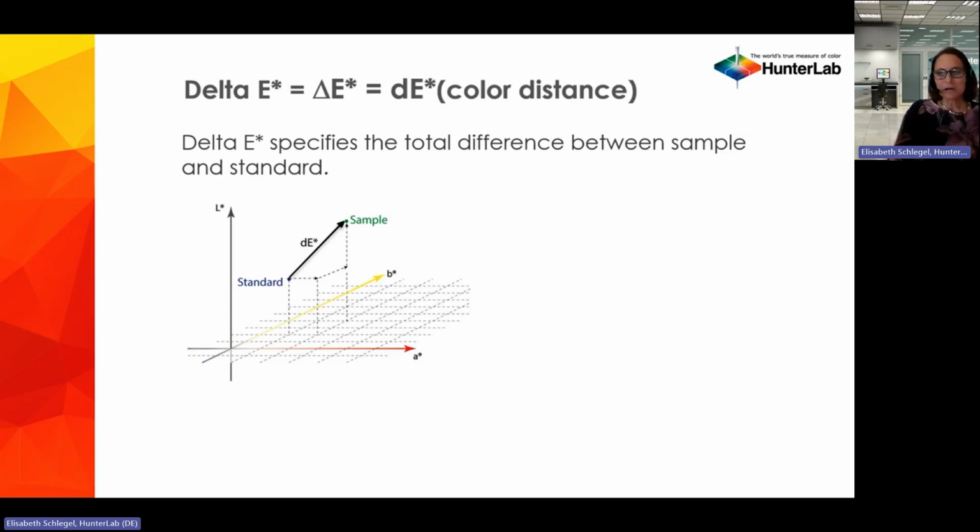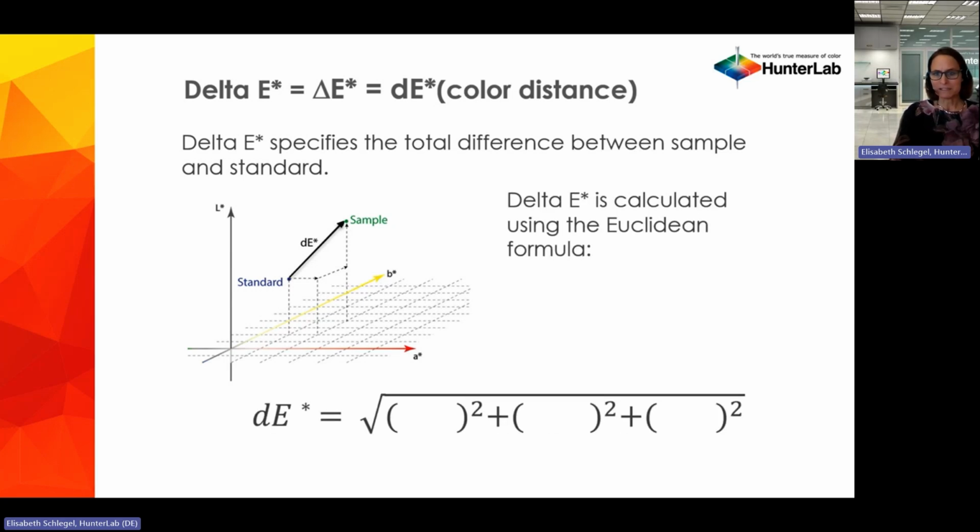I don't know how much you remember your mathematics courses in school, but this can be calculated by the so-called Euclidean formula. Perhaps you remember it. So what I'm doing is I'm taking the square of the DL value, adding the square of the DA value, and adding the square of the DB value.